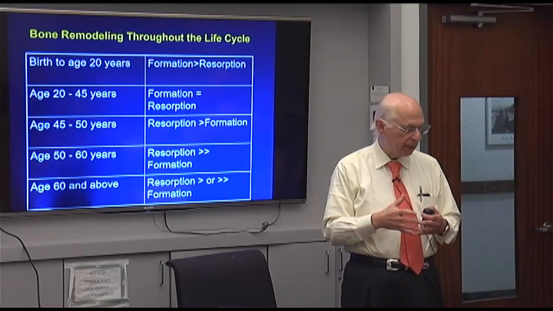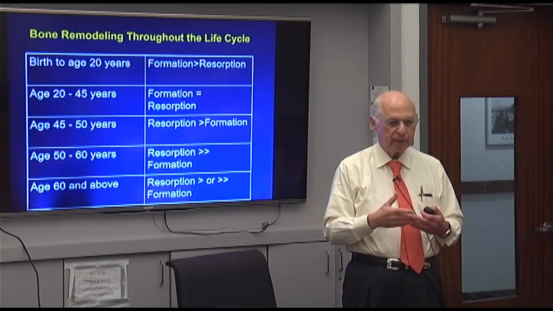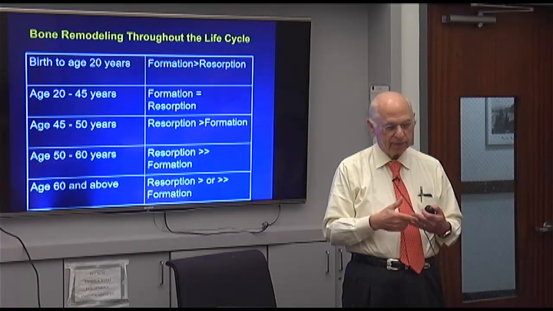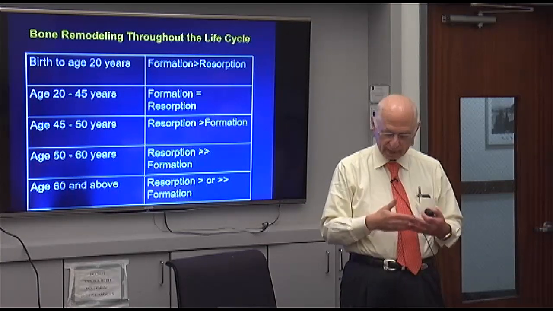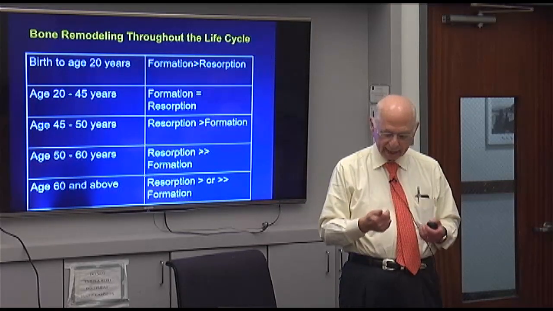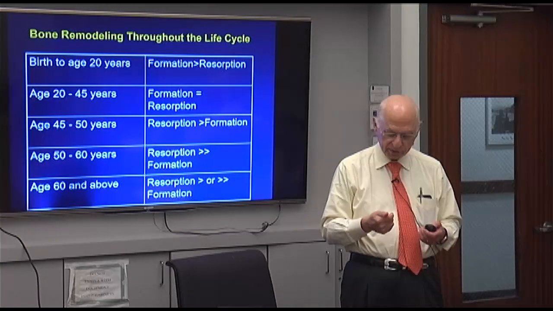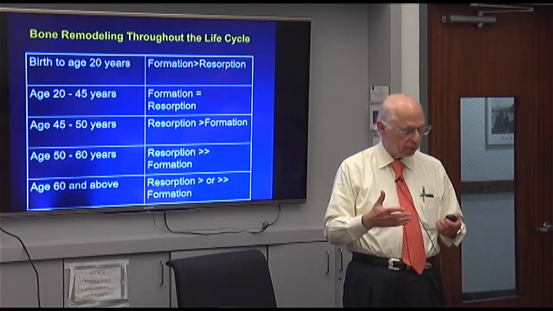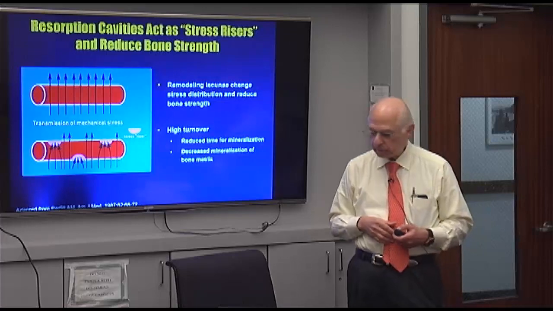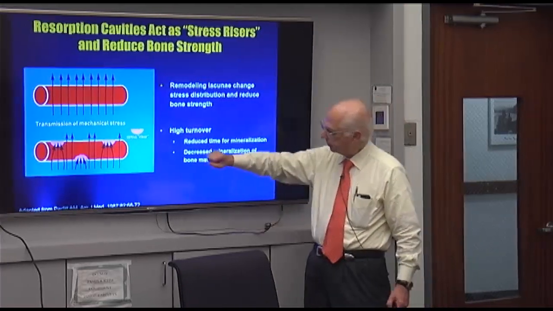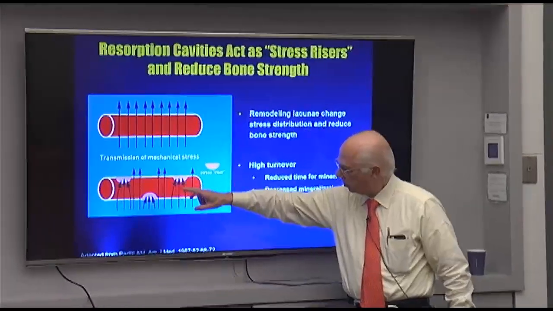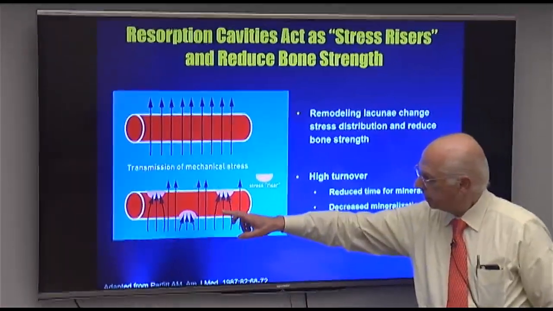Now, some of you may say, well, I don't understand this. You're saying we're in negative calcium balance and the bone turnover rate is causing more negative balance. But what is the biomechanics of fracture risk when bone turnover is high? And it can be explained this way. These are these little bone remodeling units.